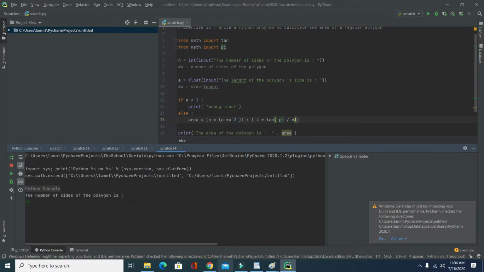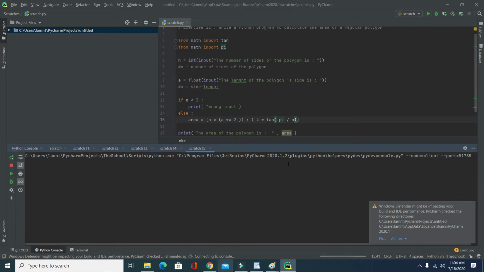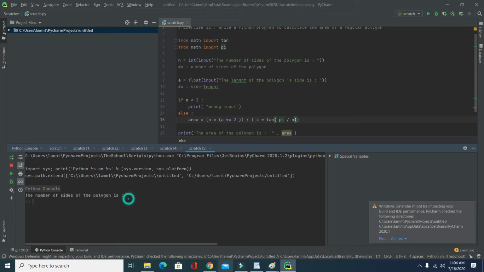How about we run it again? Number of sides 3 and side length is 1.